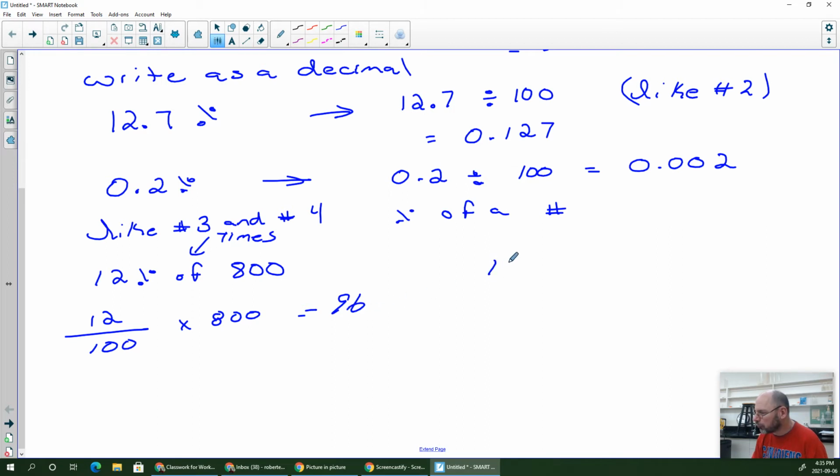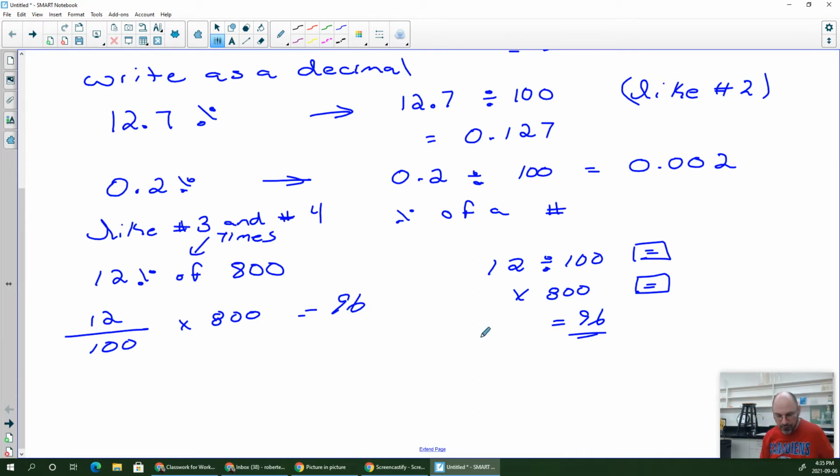So what we did was go 12 divided by 100, and then we go the equal button, and then we go times 800, and we hit the equal button again. And that gives us 96. That's what you put in your calculator like that.